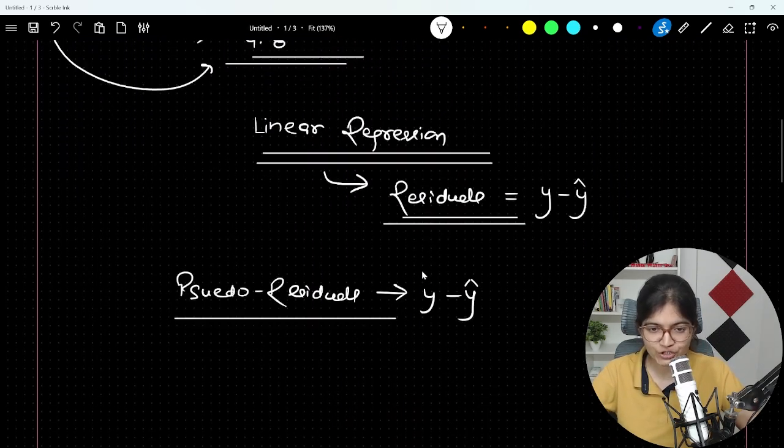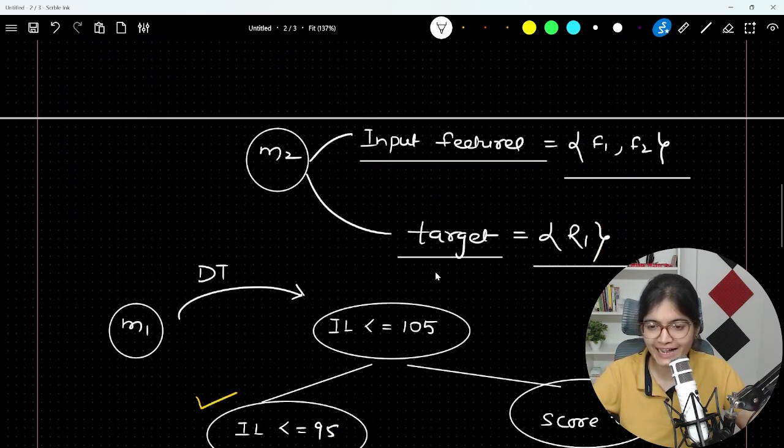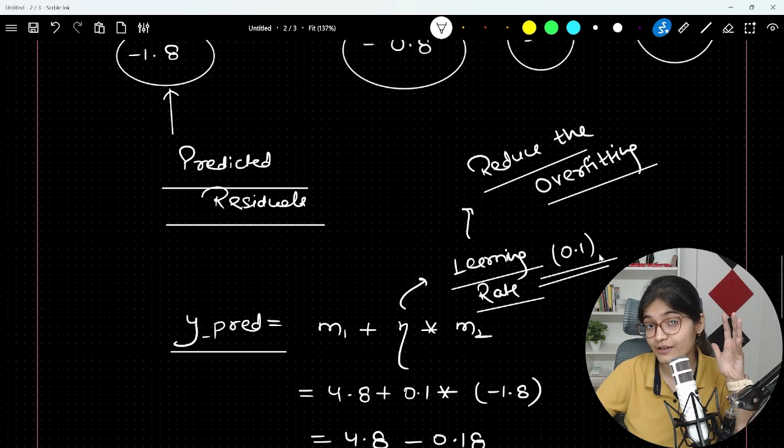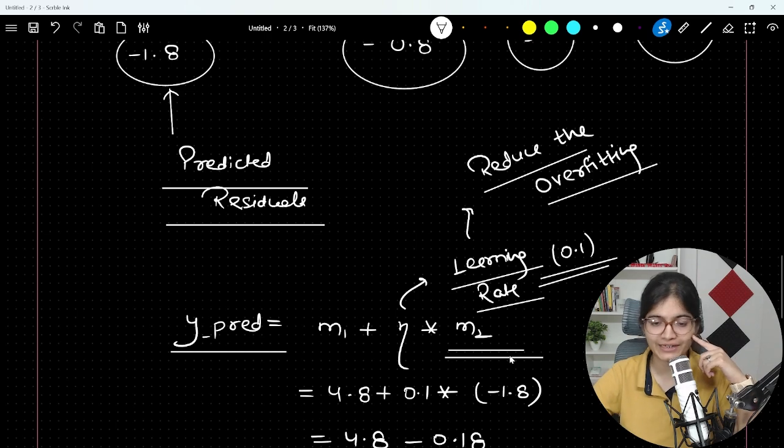Now one thing you will be able to observe is that we have pre-assumed the learning rate to be 0.1. What will happen if we increase this learning rate too much? The impact of the prediction given by model M2 will be too high, right? And if it is very low, then the impact will be very low.